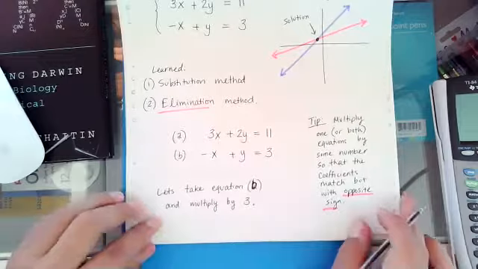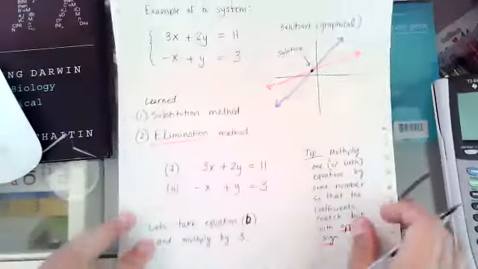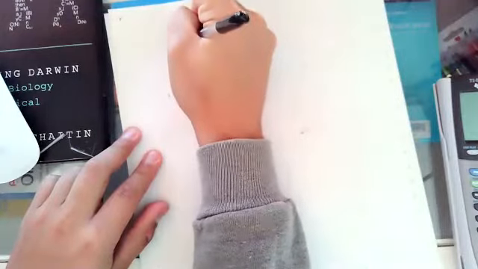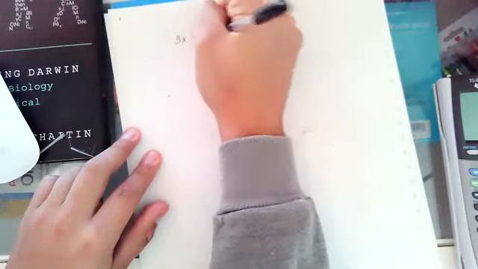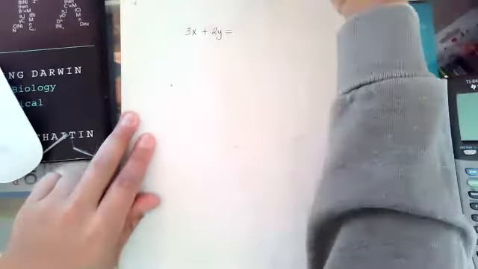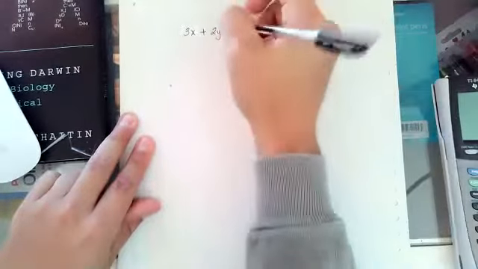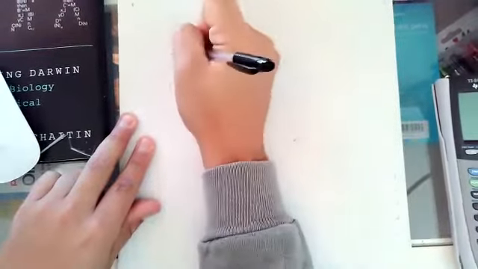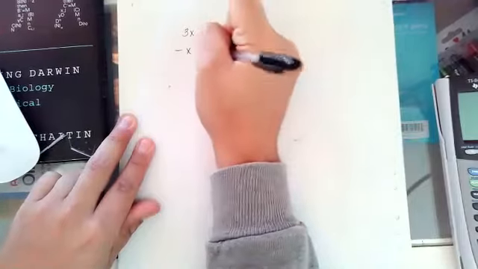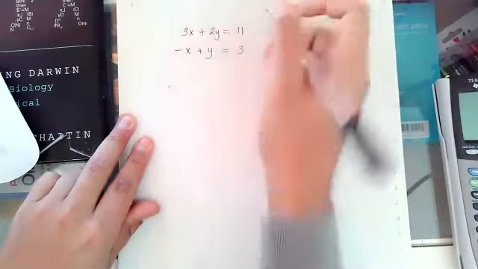Okay. So I'm going to flip the page and write this equation again. What do we have here? It's 3x plus 2y equals 11, negative x plus y equals 3.